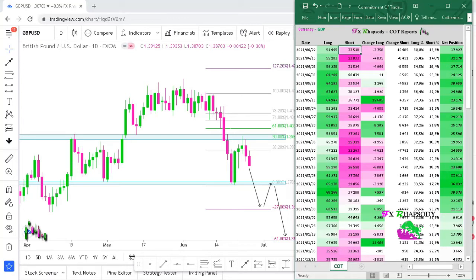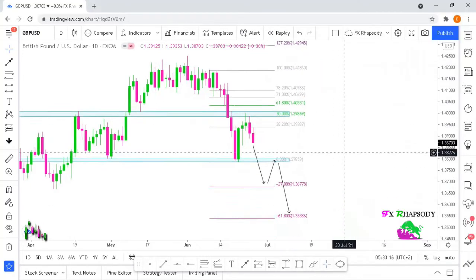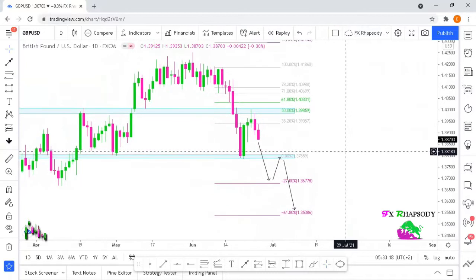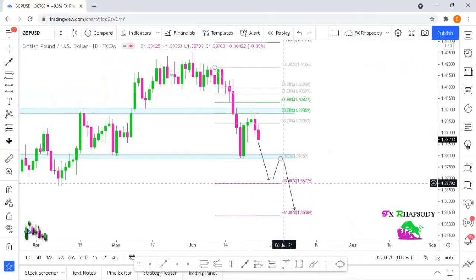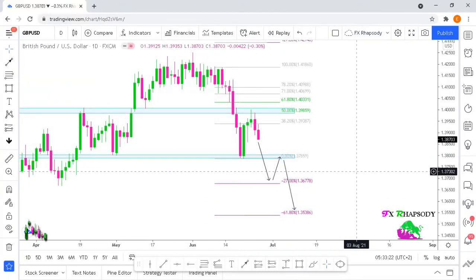So you can see the net position moving from 32,000 to 17,000, meaning that the British pound is getting weaker. A lot more banks, institutes, and hedge funds are putting shorts into the market, meaning they are pushing the pound down. And that is why I'm saying this is the more likely scenario for the British pound.